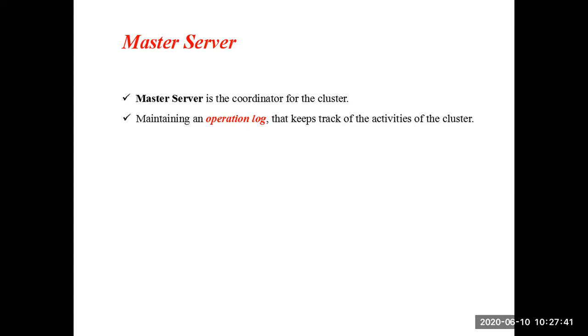You have some idea about the log. When we come to the lab, we write in a log file. What is in that logbook? Information about who came to the lab, at what time they came, on which system they are working, and when they left the lab. All the information will be stored in that logbook.